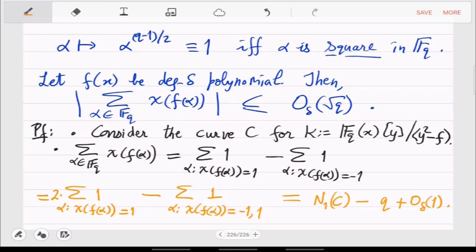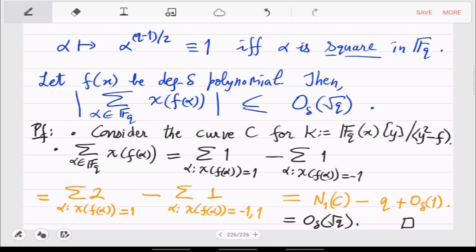The twice of ones is the number of points on the curve, because whenever f(alpha) is a square, it gives you 2 y's. So that is why it's counted 2 times. So that's the number of points on the curve, which minus q you know is bounded by square root of q. So that's all. Okay, you get this by Riemann hypothesis.